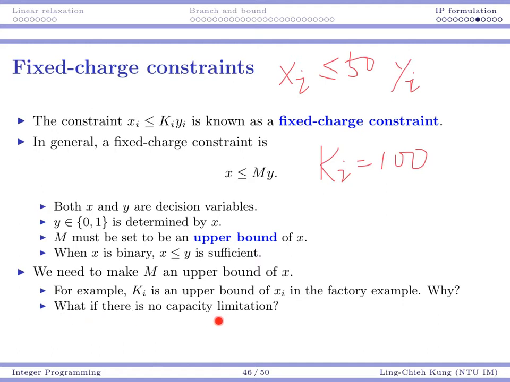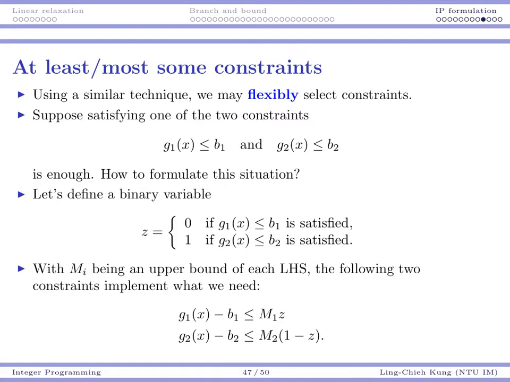One question I want to raise here is, look at your previous example about n factories, one market. What if there is no capacity limitation? How would you find an upper bound of Xi? Think about it. There are some more general things that we can do.